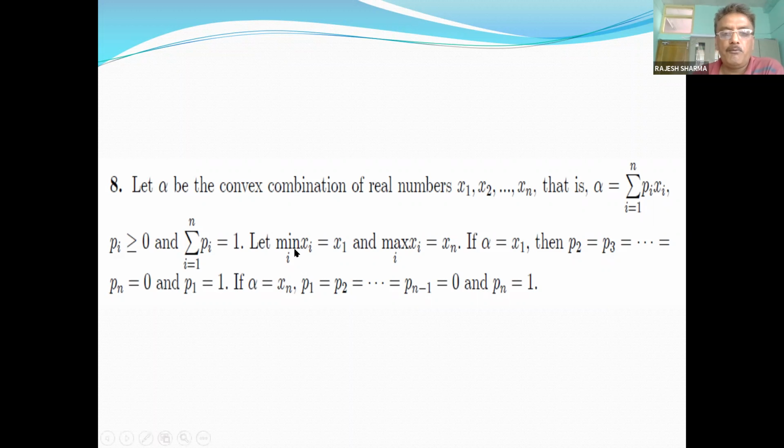Let minimum of xi be x1, or we can take any, we just take this to be x1. If alpha is equal to x1, then p2, p3 up to pn are all 0 and p1 is 1. If alpha is equal to xn, then p1, p2 up to pn minus 1 are all 0 and pn is 1.